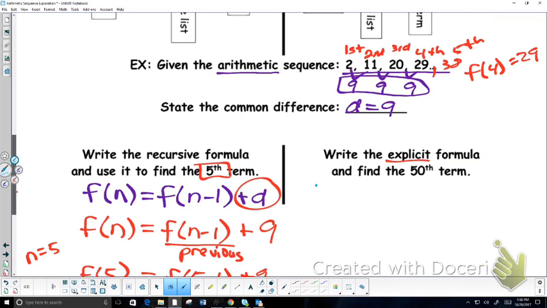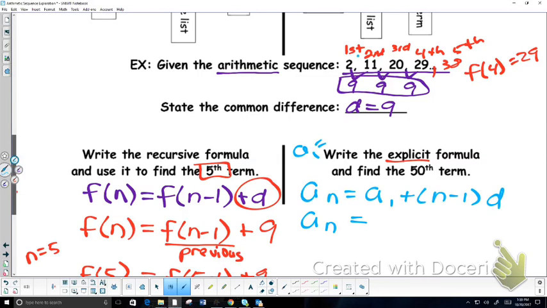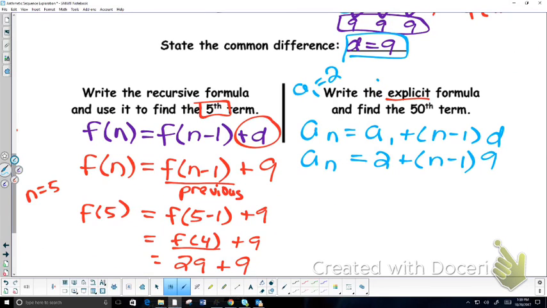So let's see, it goes a sub n equals the first term plus n minus 1 times the common difference. So a sub n, if I'm going to personalize this, well, a sub 1 equals 2. And then d, well, d equals 9. So I have 2 plus n minus 1 times 9. They want me to find the 50th term. The 50th term means n equals 50. So everywhere there's an n, I'm going to put 50.